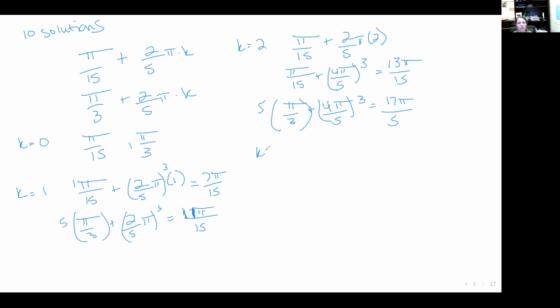All right, then we do it again for 3. And we will do pi over 15 plus 2 pi over 5 times 3, which will make 6 pi over 15 plus pi over 15, which makes 7 pi over 15.